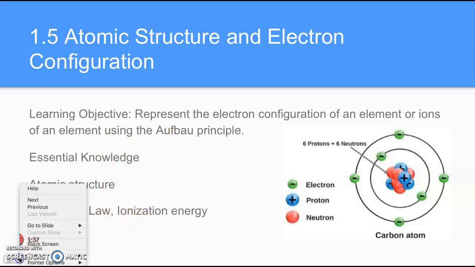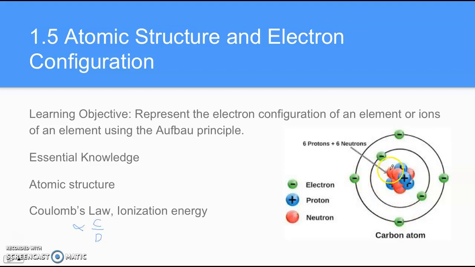So Coulomb's law, and we've heard this a few times in a few different sections. Coulomb's law is proportional to charge over distance. And in this section, it's referring to ionization energy. So really the two variables here: for the charge, it's going to be the number of protons in the nucleus, because the charge of electrons is all the same, consistent.